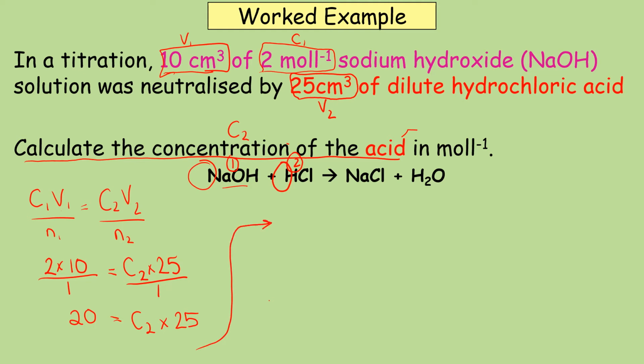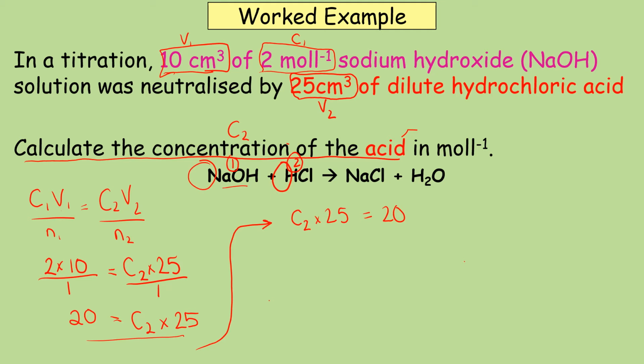If you were on your jotter page, you can go left to right, or you can go up and down, whatever suits you best. What we're saying is if 20 is equal to C2 times 25, I'm going to turn that around. I'm going to flip the whole thing because I want the letter on the left-hand side. So C2 times 25 is equal to 20. I've just literally turned the whole thing around, like a mirror image.